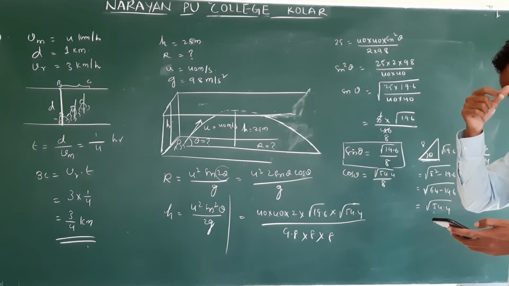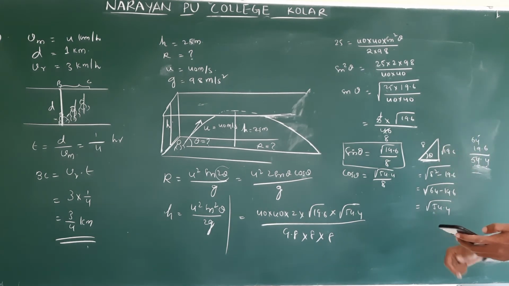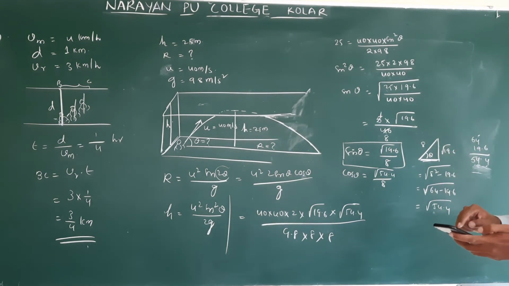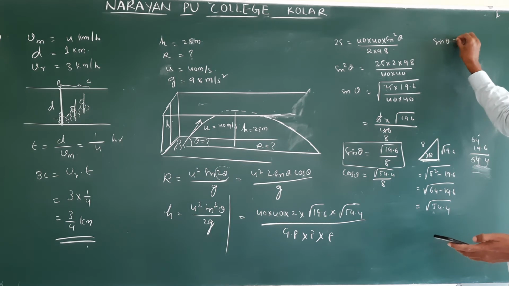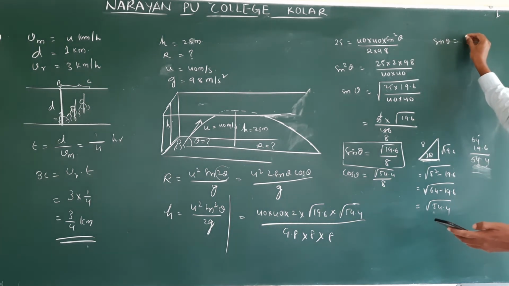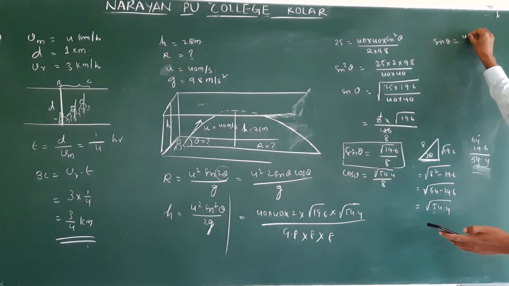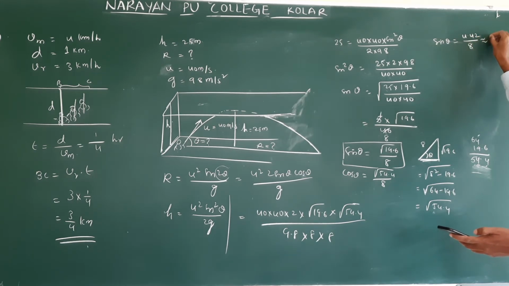Root 196 is nothing but 14. So I am calculating root of 19.6. This is 4.42. I am calculating sin theta. Sin theta is equal to 4.4 by 8. It is nearly equal to 1 by 2.